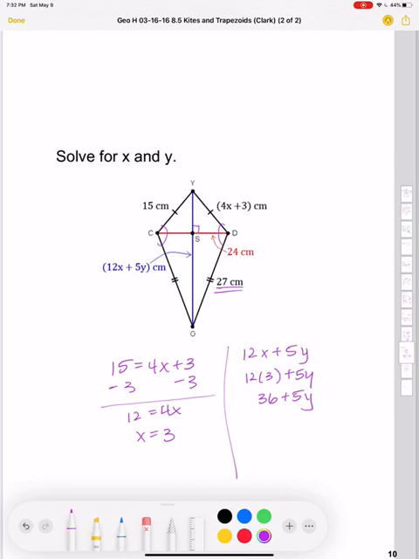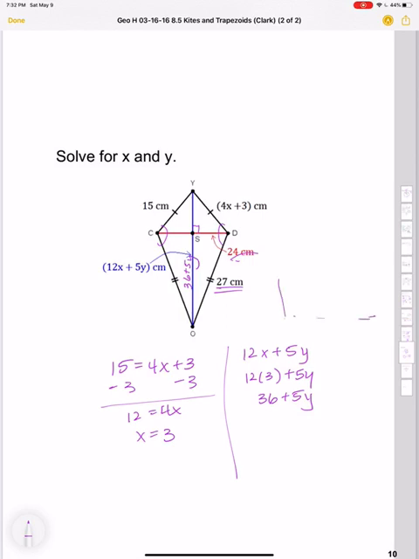So this is 36 plus 5y. And this is 24 right there. Okay, so that's a right triangle, because it's 90 degrees. So this is 24, and the hypotenuse is 27.